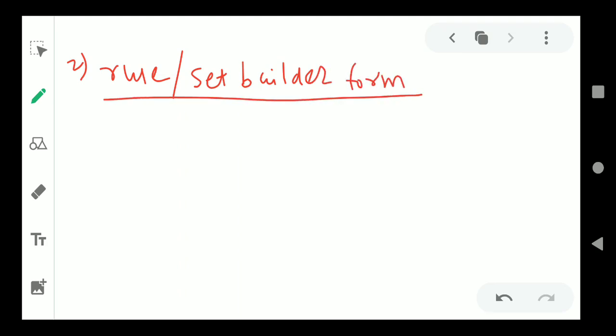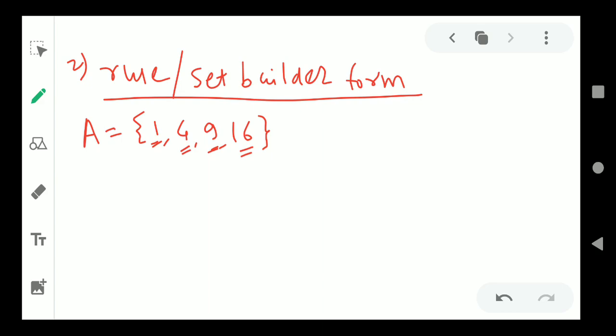Okay, let's take an example. Suppose we have a set A in which elements are 1, 4, 9, 16. Do you find any rule in this set? Just think and try to tell. Yes, the elements 1, 4, 9, 16 are the perfect square numbers.